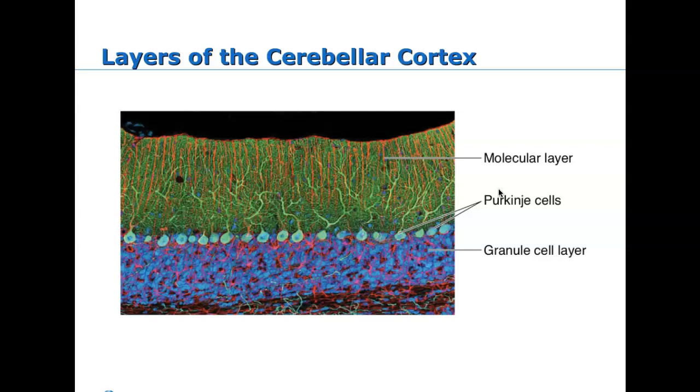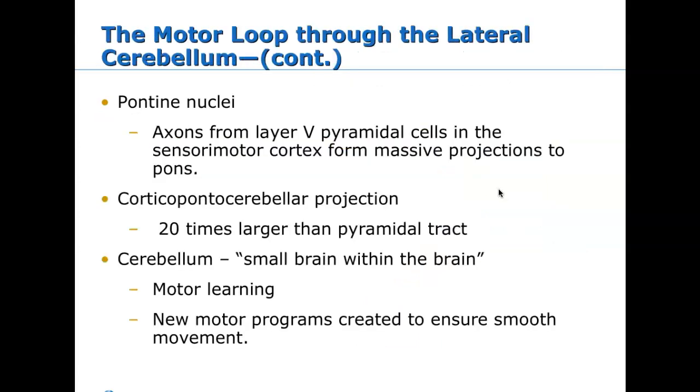So let's look a little bit more. The majority of axons that are actually coming into the cerebellum are coming from the sensory motor cortex. Some of them are coming from area 6 and some of them are coming from area 4. Then the information that is processed in the cerebellum is really important in learning motor programs.